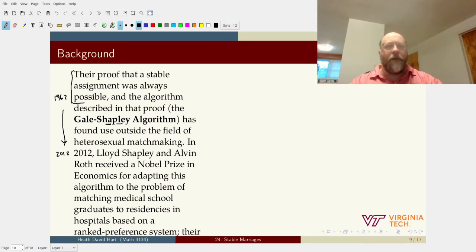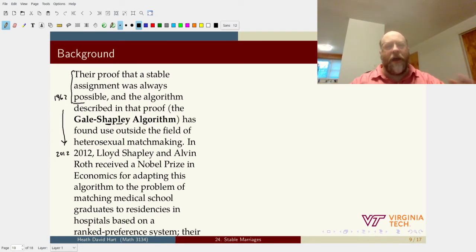And so Shapley and Roth improved upon the Gale-Shapley algorithm to match this up. And this is how the National Residency Matching Program works. And so what we're going to look at today is the 1962 version of this proof.